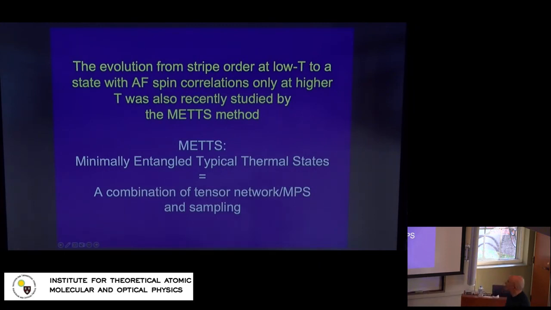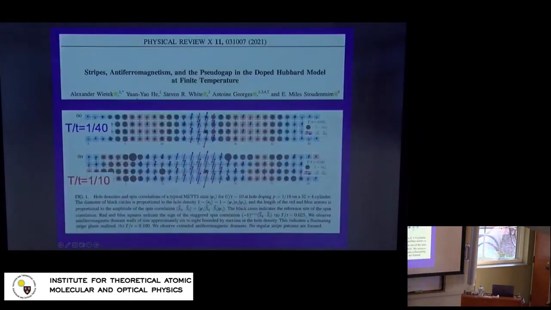I'm coming to this. So this is, by the way, also something which is seen by these methods that combine sampling and MPS representation, the so-called minimally entangled typical thermal state method. And this is another piece of work we did with Alexander Wietek, which actually shows, but of course this is on cylinders, so there is not really a phase transition, but where we see the melting of the charge order while the spin order survives, well, the spin correlations survive, up to much higher temperature.